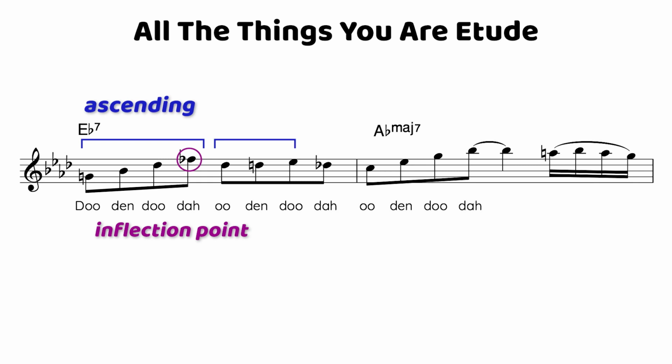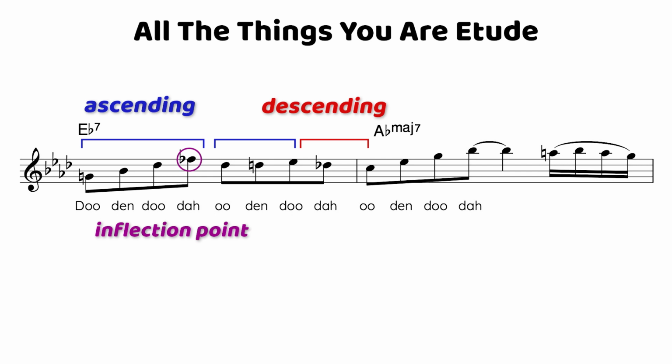So from that oo, we go den, do, da. Now the reason we are putting that da on beat 4 and is that the line has already started to descend. So on beat 4, we have that do, but because that is beginning a slight descent, we're putting the da on beat 4 and.